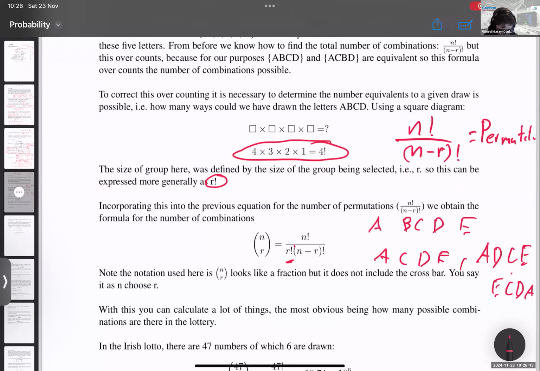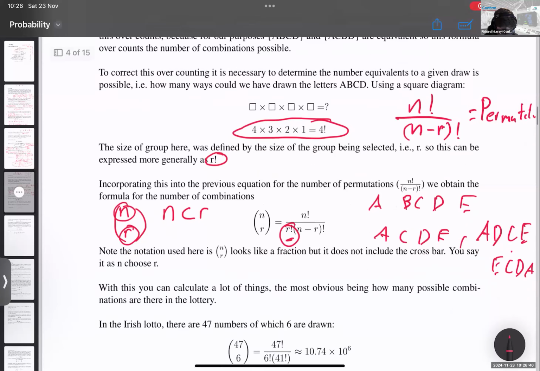So we just divide by this r factorial value to get rid of it. This is noted as n choose r. It's kind of like a fraction with no crossbar in it. You can also see this on your calculator, normally written as nCr. So from a group of size n, select r values, ignoring the duplicates that you can draw.